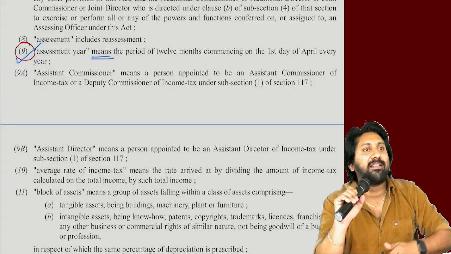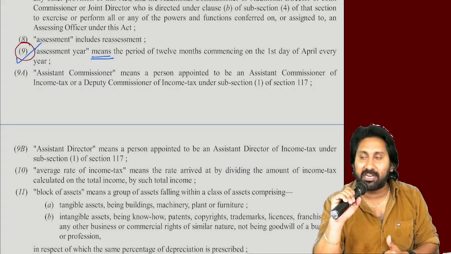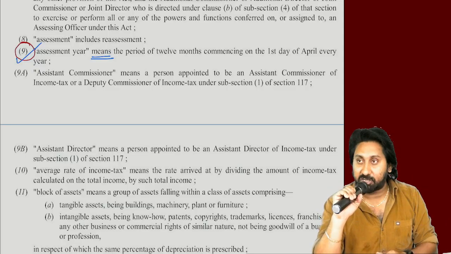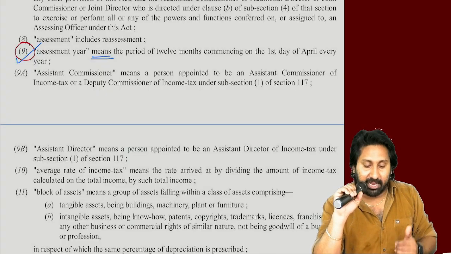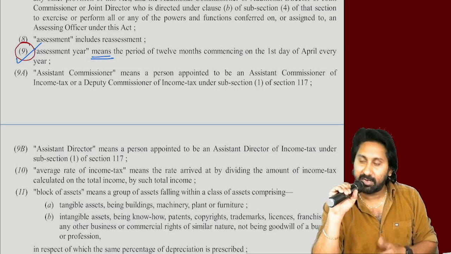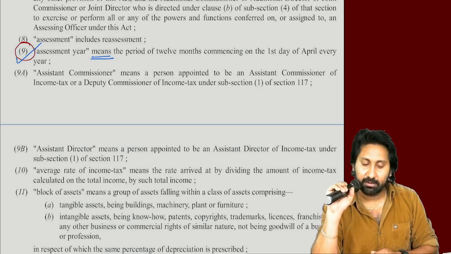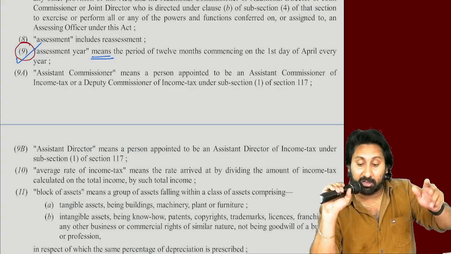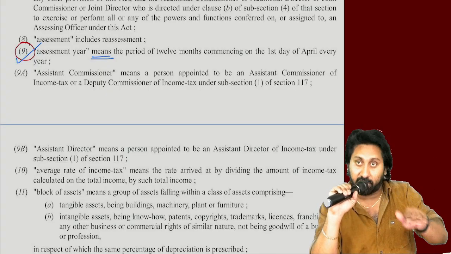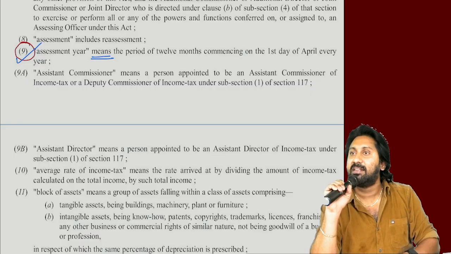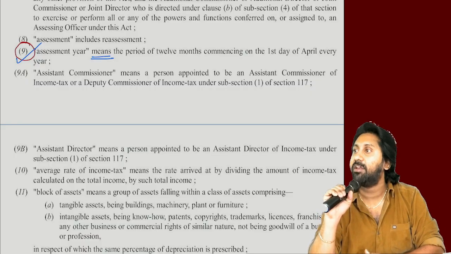They could also have defined it like that: assessment year means a financial year, instead of saying assessment year is the period of 12 months commencing on the first day of April every year. Why did they not say so?